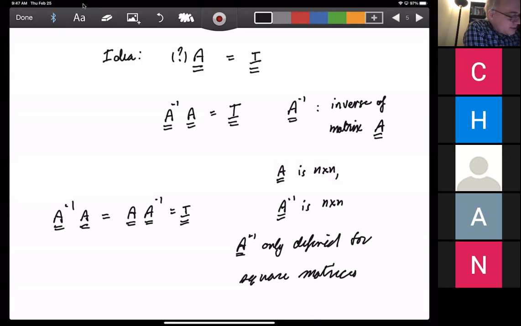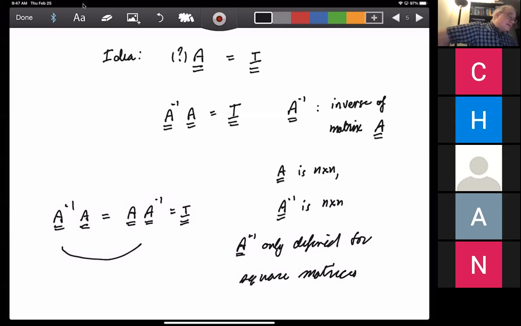Notice that for the dimensions to work out for both of these products to exist, the matrix A has to be square and the matrix A inverse has to be square, and they have to have the same dimensions. All right, and the matrix I that comes out here is going to have the same dimensions as our matrices A and A inverse.